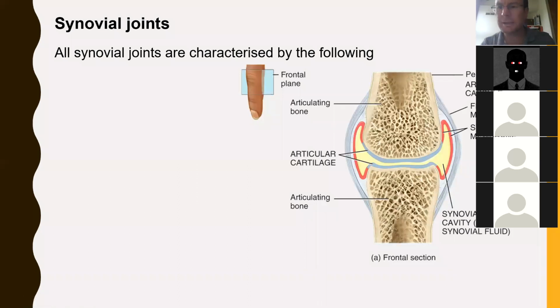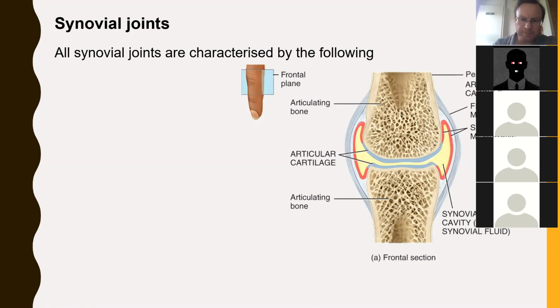And then lastly, the most important to us today, we've got these synovial joints. So the synovial joints are again where two bones are joined, but in the middle we have this very unique capsule that contains cartilage and synovial fluid.